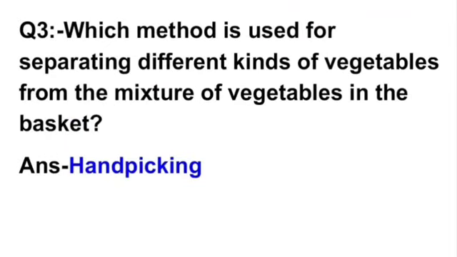Question number 3 is, which method is used for separating different kinds of vegetables from the mixture of vegetables in the basket? So the answer is hand picking. Hand picking is used for separating different kinds of vegetables.